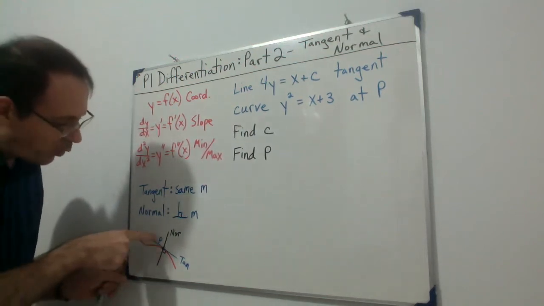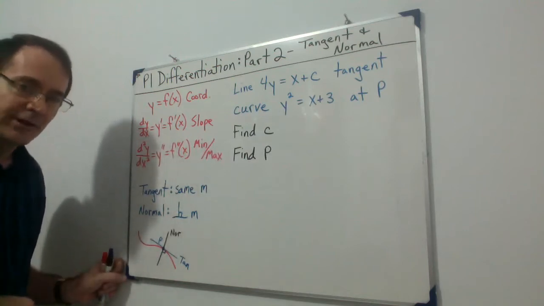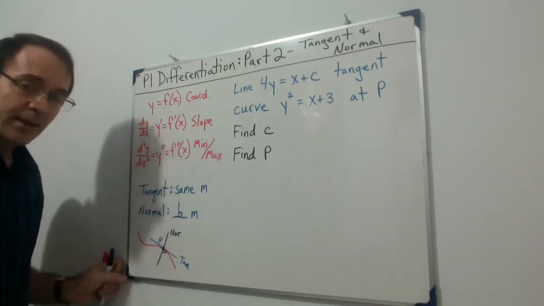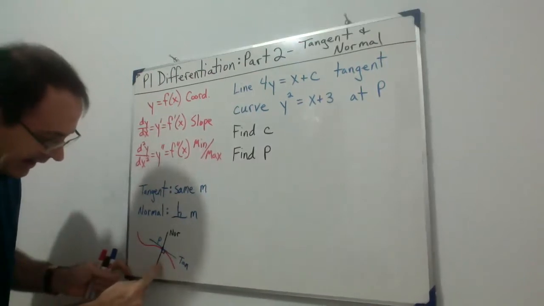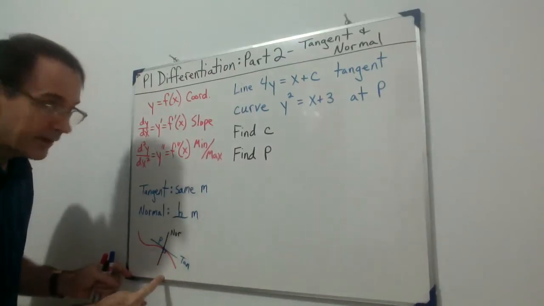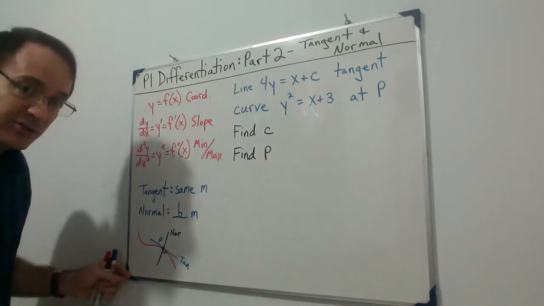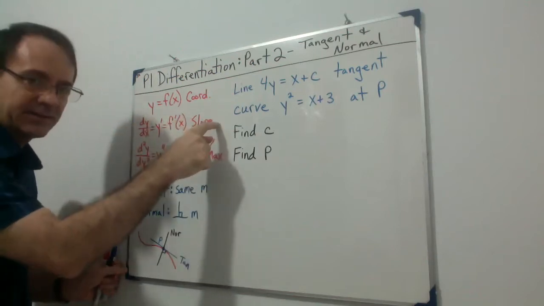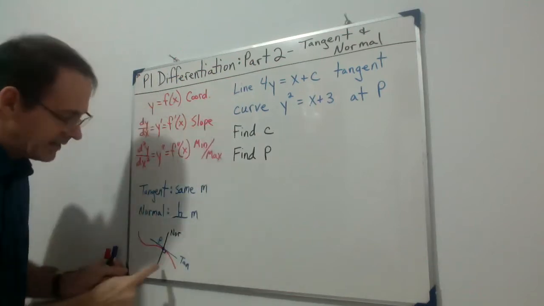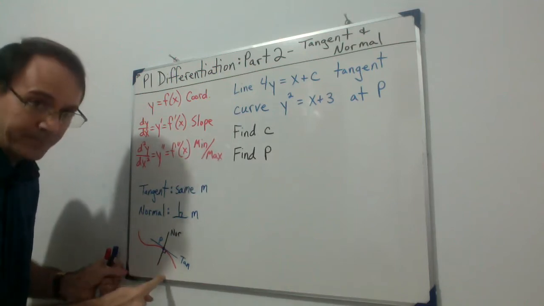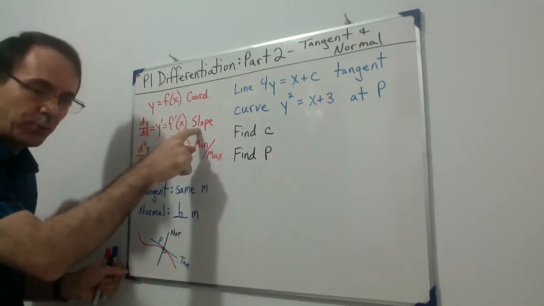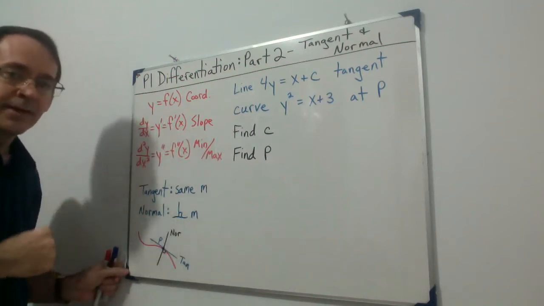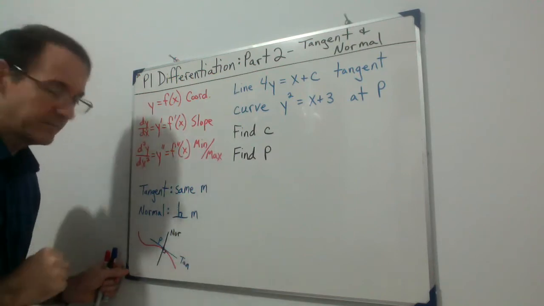If we're looking at point P here on the graph, you take your y function, you derive it, you plug in the x value, and that will give you the slope at that particular point, point P. That's what we looked at in the part 1 video.